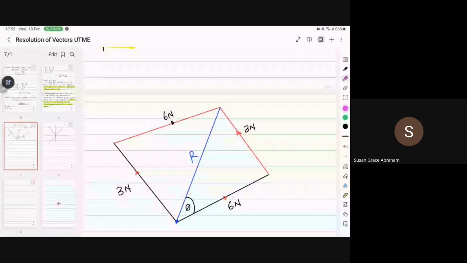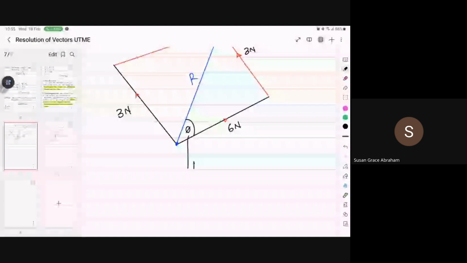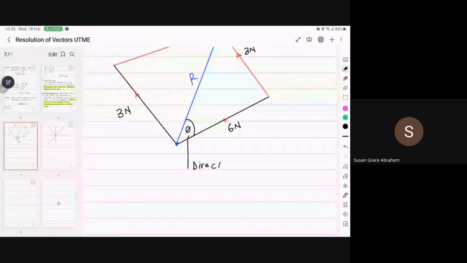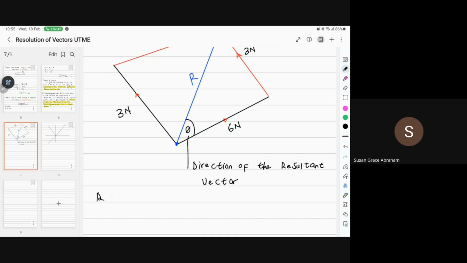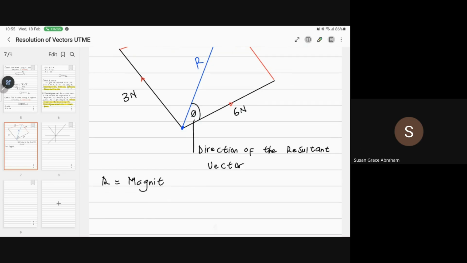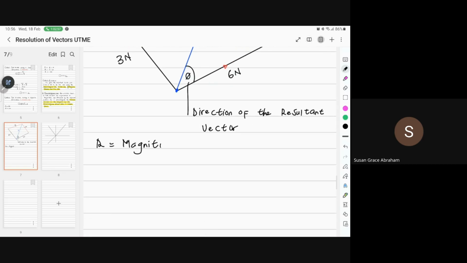So this angle here gives us the direction of the resultant vector, while your R is equal to the magnitude of the resultant vector.